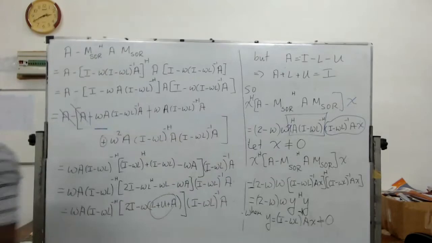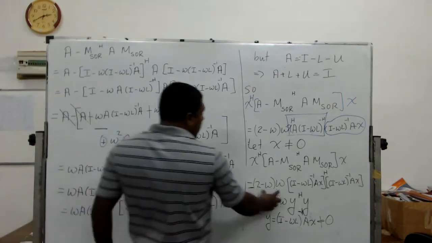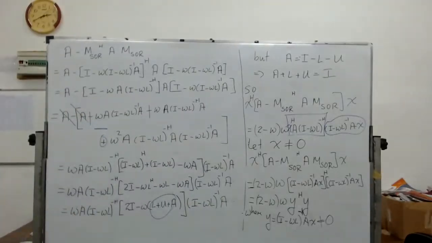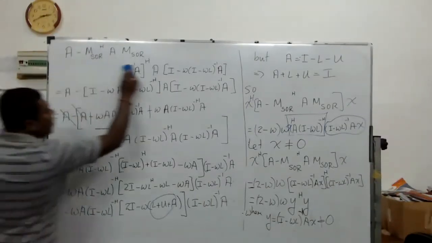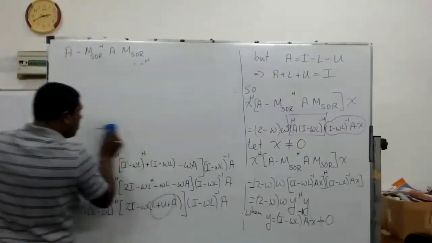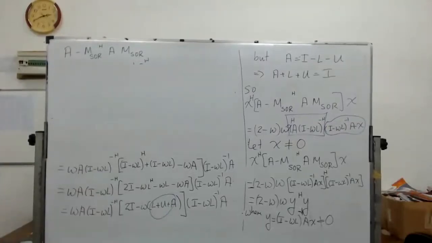Okay, so if you take y as the vector (I minus omega L) inverse times AX, then this expression is equal to 2 minus omega times y Hermitian times y, which is strictly positive.